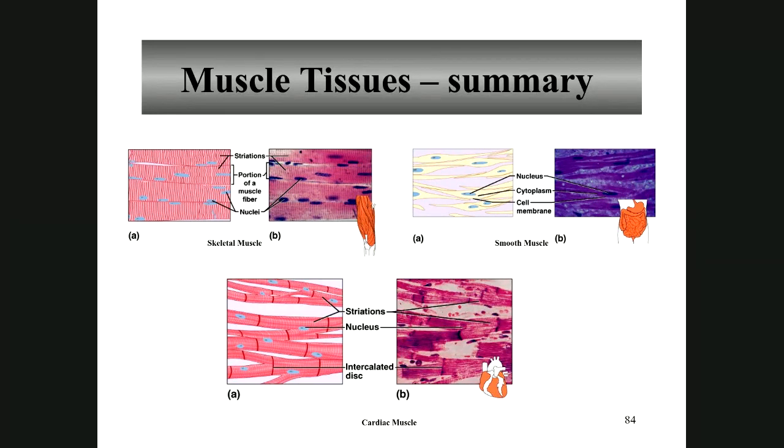This would be your skeletal muscle. If you zoom in, there are these patterns of dark and light, which we call striation. Inside this, there's a myofibril.